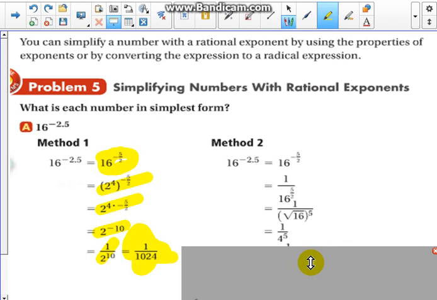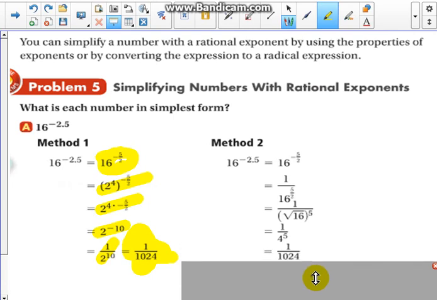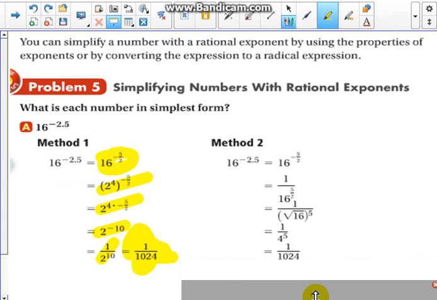So just using the rules we learned today. And that becomes the square root of 16 is 4, so we've got 1 over 4 to the 5th power, which is 1 over 1,024. So it is whichever method makes sense to you. I prefer method 1 myself, but it is up to you. In the end, we just want to get to the right answer.